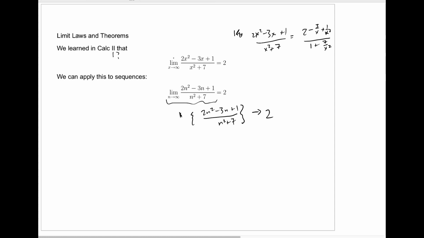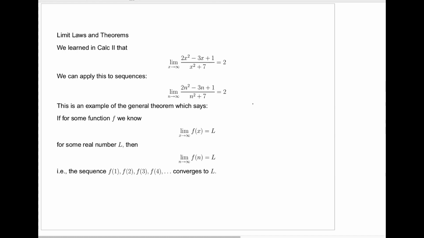Now, if this limit statement up here is true, that the limit as x approaches infinity of this function of x is 2, that means whenever x is big, the value of this function is close to 2. Well, if we restrict our attention to integers, of course they'll be close to 2 as well when n is a large integer. So knowing that this function has limit 2 tells us immediately that this sequence has limit 2.